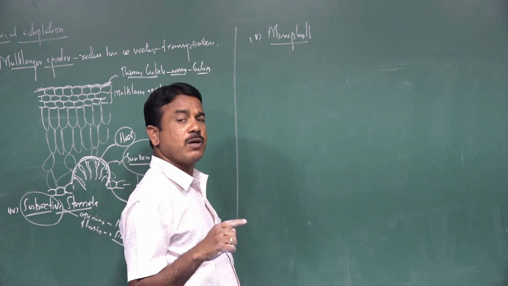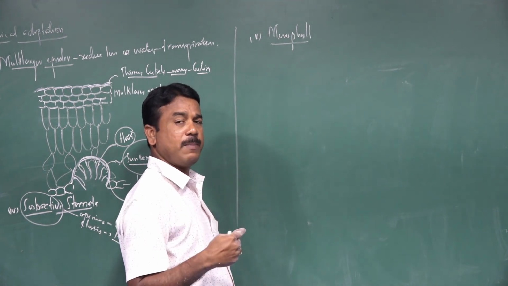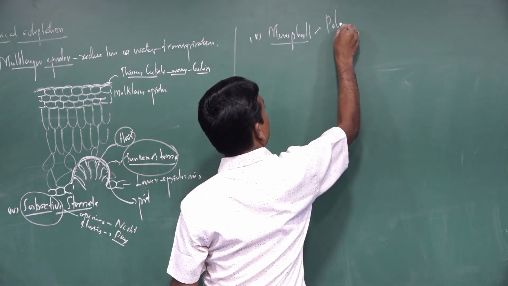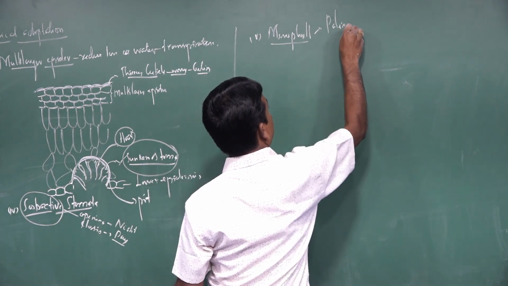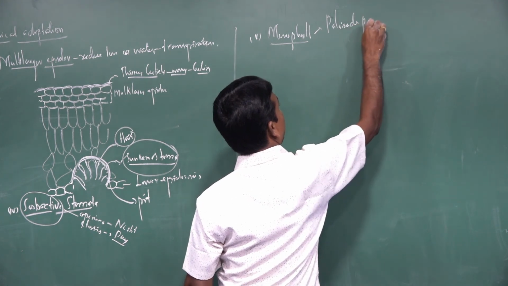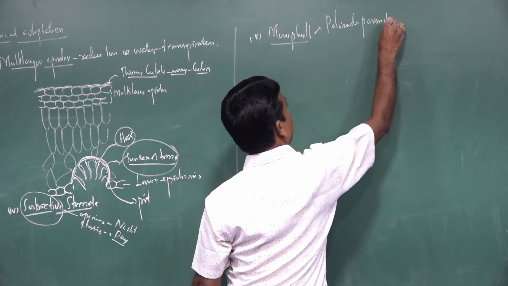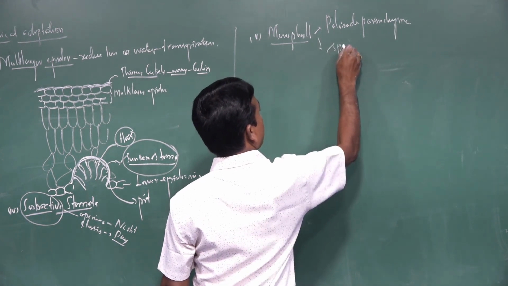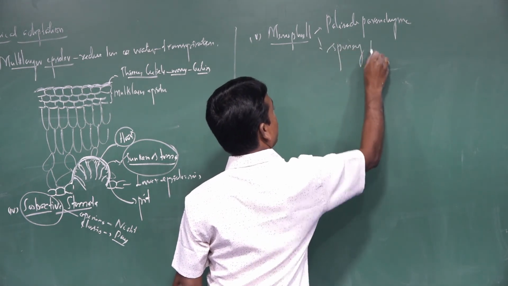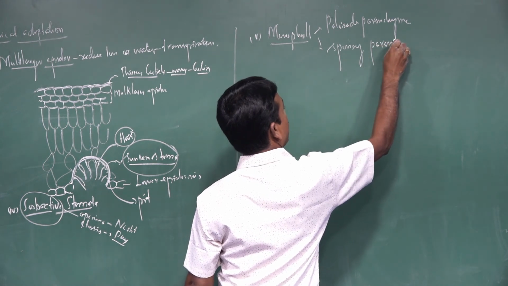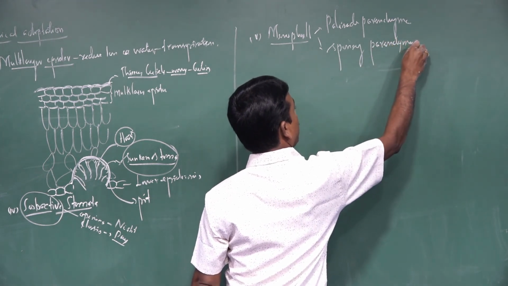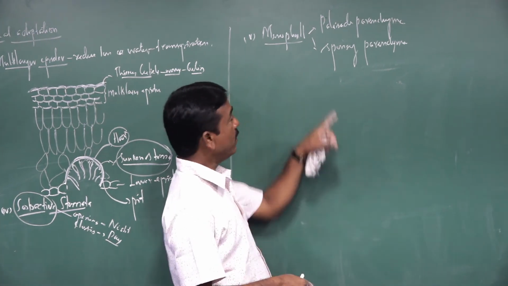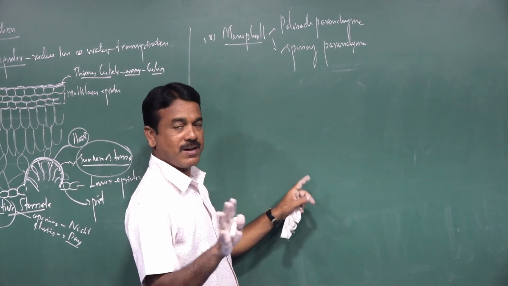The tissue present between the upper epidermis and lower epidermis, which is differentiated into palisade parenchyma and then spongy parenchyma. But in xerophytic plants, when you take a section and keep it under the microscope, such a differentiation does not occur.